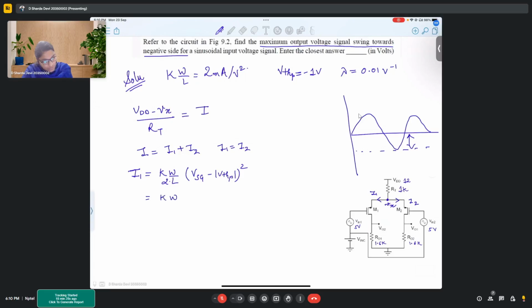Here is source, gate, drain. So Vs is actually your Vx. So V_SG is Vx minus Vg. Let's write Vg for now.